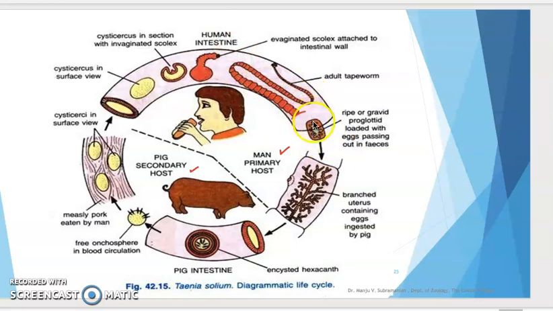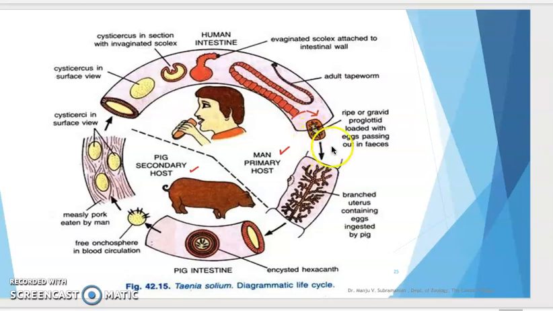What happens to the gravid proglottid is that when it becomes ripe or sexually mature, it gets detached from the rest of the body, and the ripe or gravid proglottid, which is loaded with eggs, passes out through the feces of the infected man.